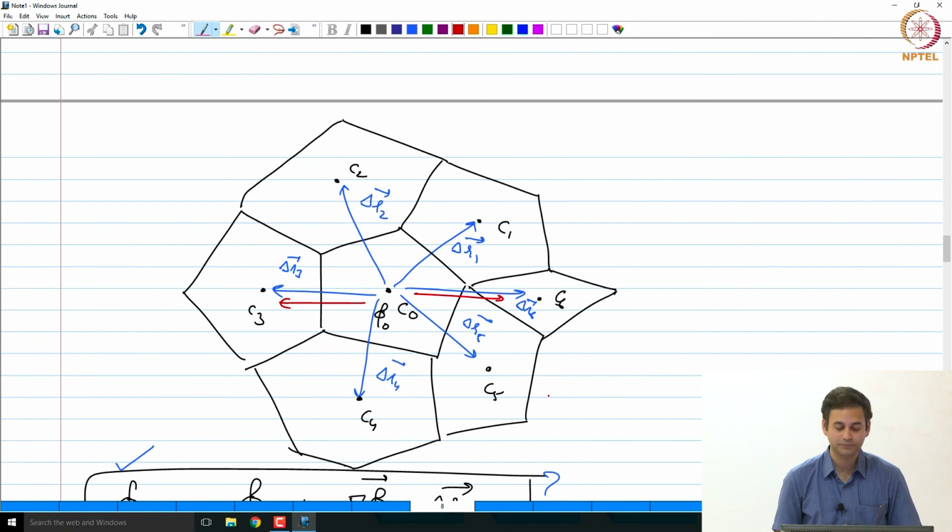Yes. Only the phase neighbors, yes. Yeah, I think I have not drawn it nicely. Actually, this cell is a little complicated. This is not there. But the thing is, this cell is not there. We are only considering the phase neighbors.